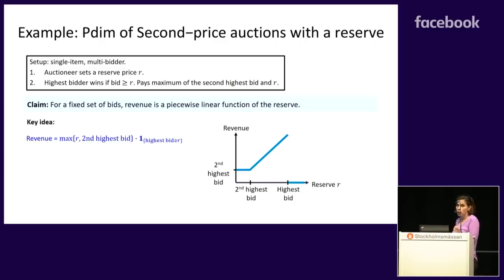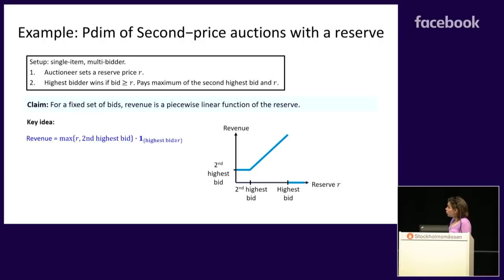Okay, and here is quickly why. Let's fix our set of bids, and let's assume that the second highest bid lies here, and the highest bid lies here. When the reserve price is smaller than the second highest bid, then the highest bidder wins, and he pays the second highest bid. So that's why we get this part of the curve here.